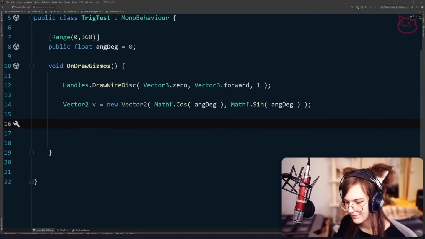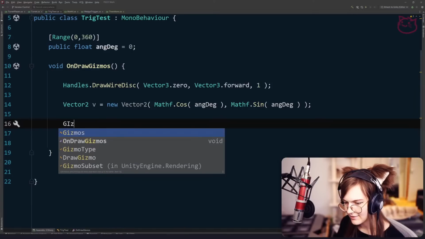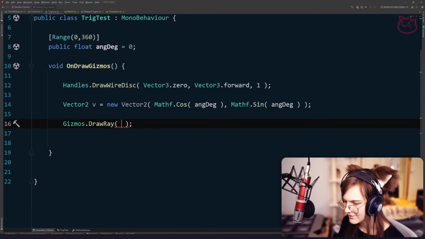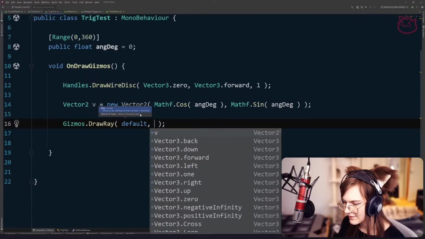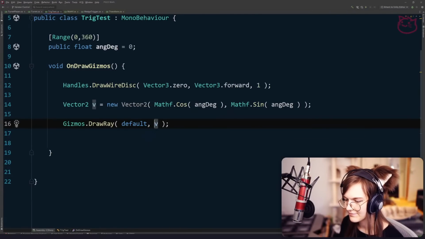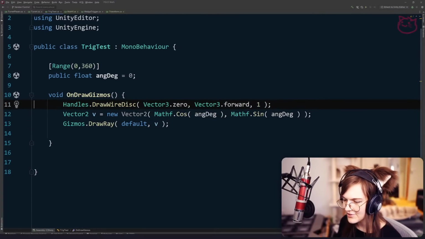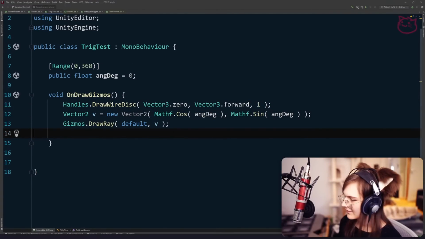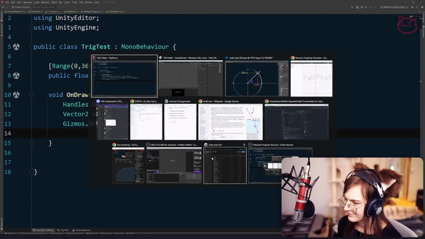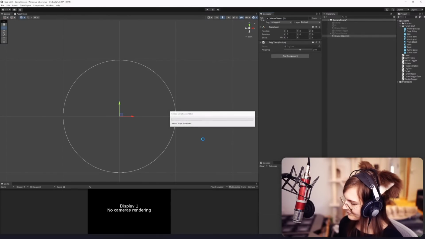Now we have the vector, and now we can do Gizmos.DrawRay from default to v. And that should be it to create our little rotating vector. Let's see if it works.